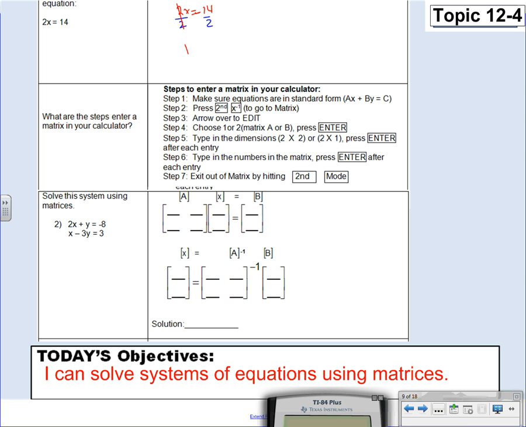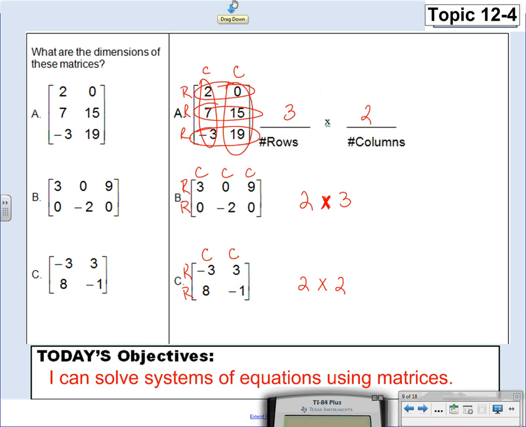And that would leave us with x is 14 divided by 2, which is 7. We're going to use this same method. Our matrix is going to be an unknown, and I want to solve for the unknown. Unfortunately, your calculator will not divide matrices. So we have to come up with another way that we can do this problem without dividing.